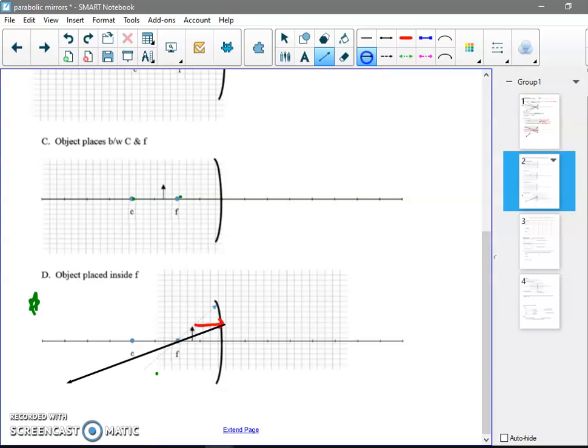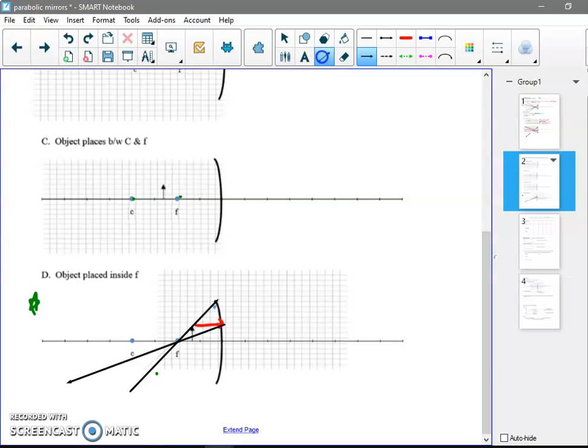The second one I've started for you, because this is the one that gives kids the most trouble when they're on their own. The second rule says what happens when light passes through the focal point. Well, since we're already inside the focal point, we've got to pretend that light comes from a distant source and passes through like this and then hits the mirror.